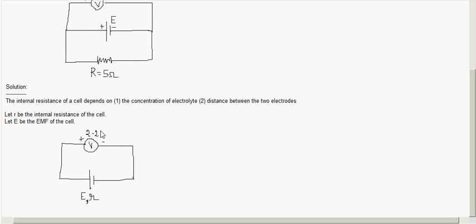The high resistance voltmeter means that there is no current flowing through it, and hence we can say that E, the EMF of the cell, is equal to 2.2 volt. So you can just make a note here.